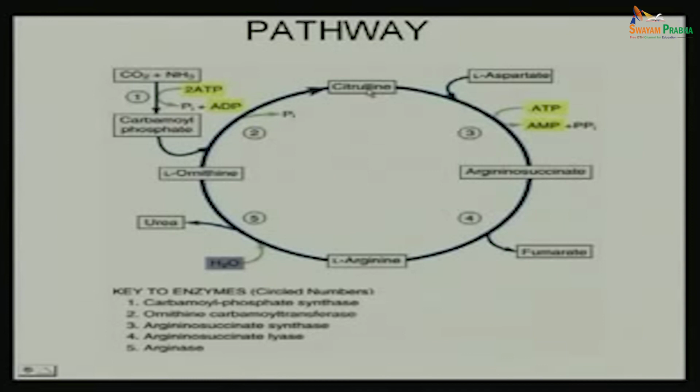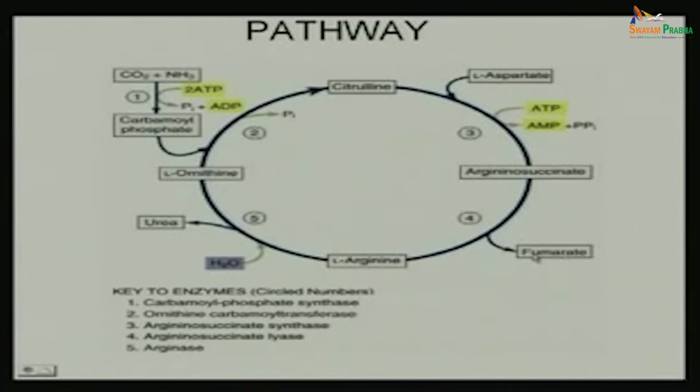As soon as citrulline is produced, citrulline in the presence of aspartate and the enzyme arginosuccinate synthase, in the presence of 1 molecule of ATP, produces arginosuccinate. Arginosuccinate, when produced, in the presence of the enzyme arginosuccinate lyase, is once again split into arginine and fumarate.